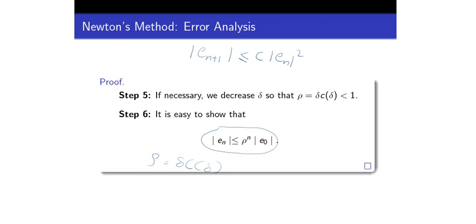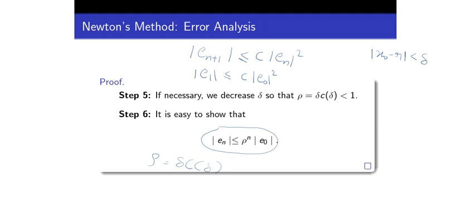Okay. Now from here, mod of E1 is less than or equal to C times mod of E naught square. What is E naught? E naught is mod of x naught minus r. You can choose x naught such that mod of x naught minus r is less than delta.